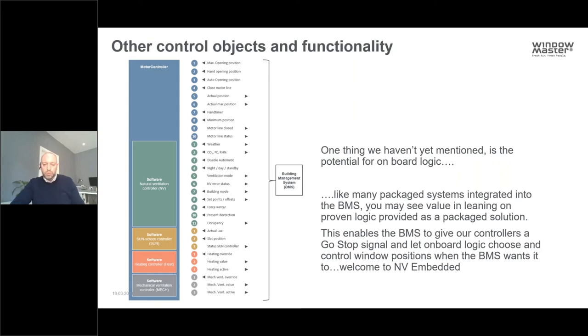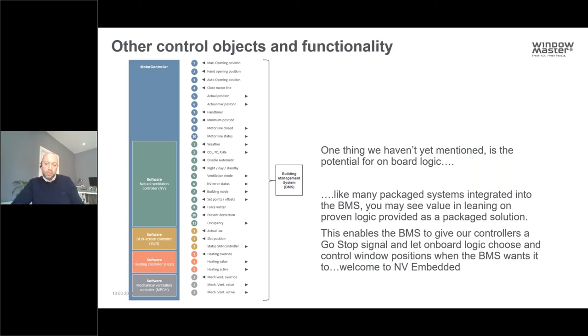And that enables the BMS to do what it does best by aggregating all of the systems and pulling all the reporting back and monitoring and optimizing those different systems, but handing off some of the more complex logic as part of a packaged system.